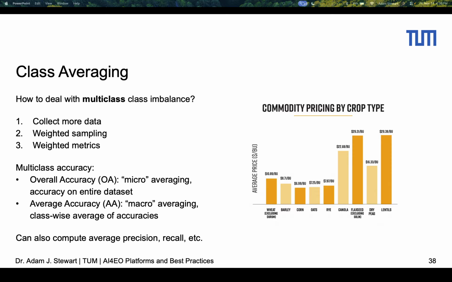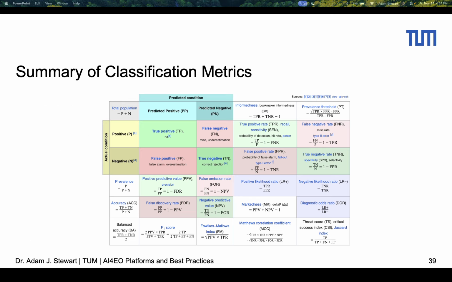So there might be things like lentils or flaxseed that are relatively less common, but they actually have a larger economic impact. So maybe we care about these more if our goal is to understand the economics of agriculture. So depending on what you're trying to measure, you can weight things to match that.